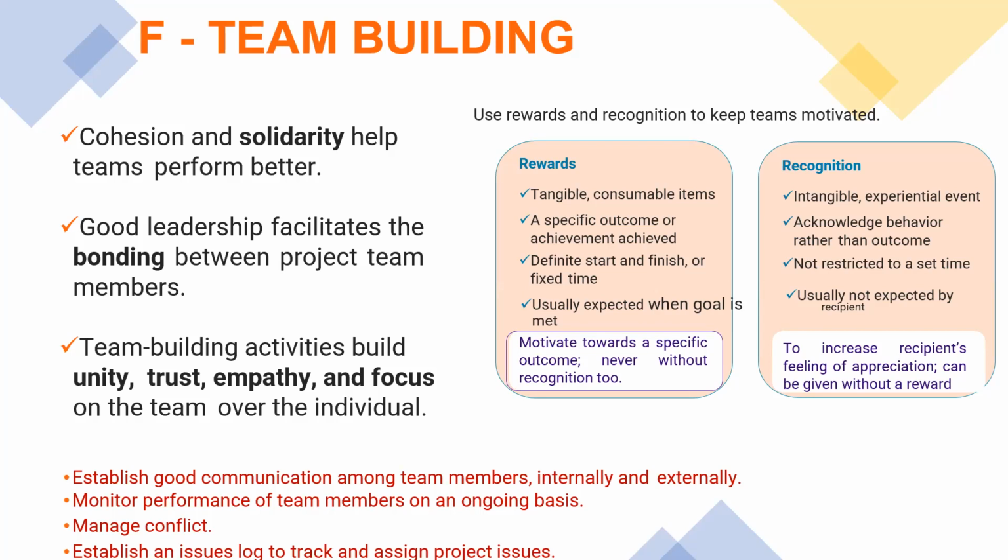Now, within rewards, a specific outcome or achievement is achieved. The person has to have a specific outcome. Let's say it's a race, and you just won the race, you get a reward. So there's a specific action that you have to engage in to get a reward.